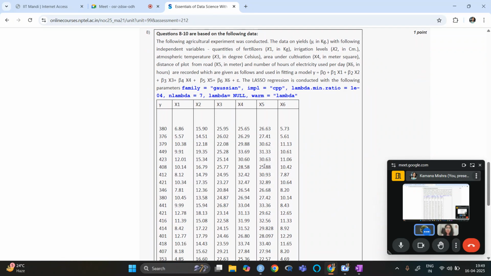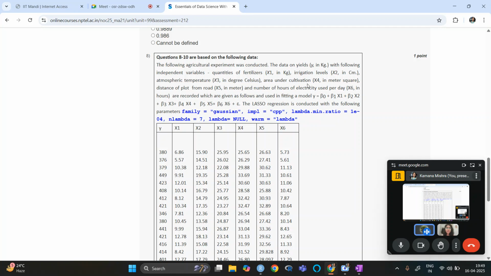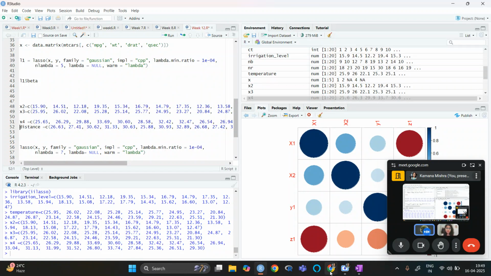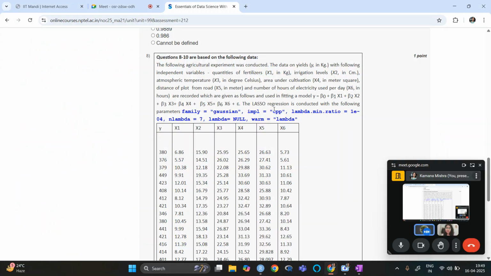The area is x4 and distance is x5. This one was yield. Now the matrix and the column data. This one was X.